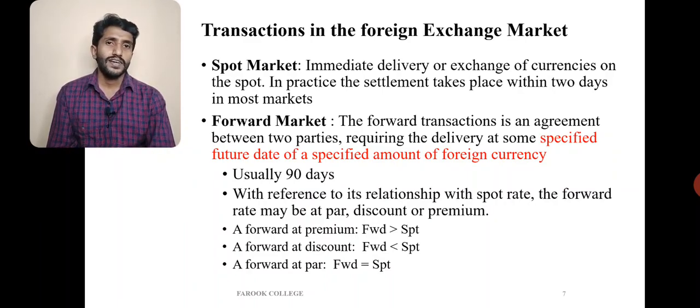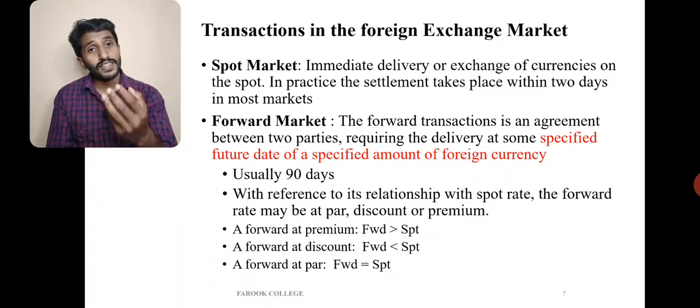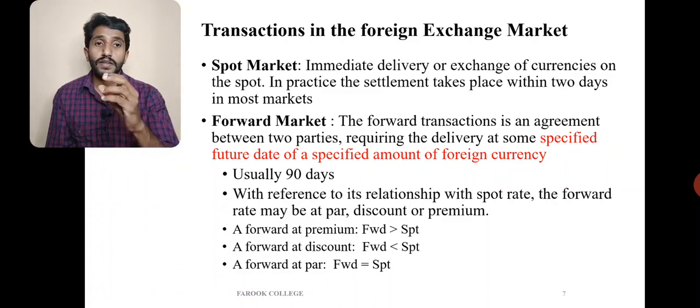Suppose that instead of 73 rupees, I say I can give you 80 rupees for $1 after 90 days, and I'll be delivering $1,000 to you. So this can be one transaction. If the forward rate is greater than the spot rate, it is known as the forward at a premium.